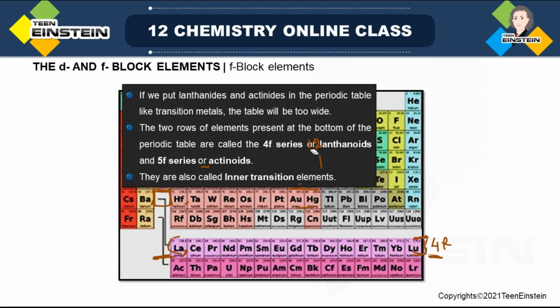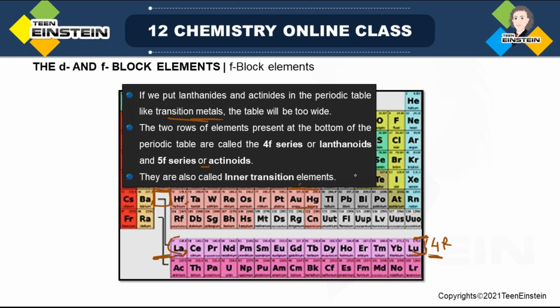So there is a specific reason why we have placed this 4f block, and also the 5f block, which is for the next period, separately. The reason is, if we put lanthanides and actinides in the periodic table, just like transition metals, we have just finished D block, then the table will be very wide. Practically it will be difficult to handle this periodic table.